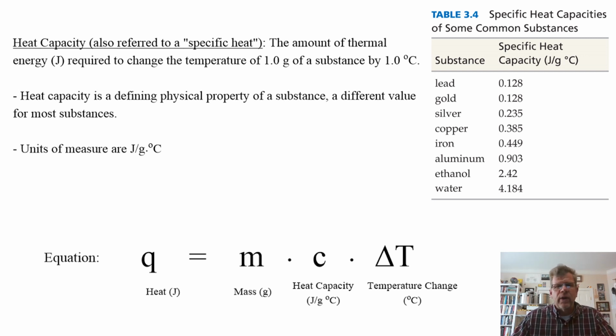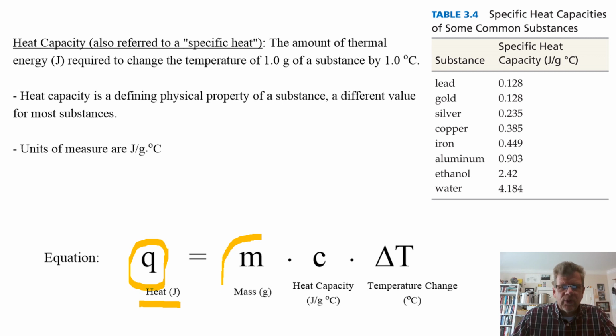So here's an equation which puts that together. Let me introduce that. Typically, heat in joules is represented as lowercase q. Why is that? We don't need to know. It's just that when you see q, we're talking about heat in joules, equals the mass of a sample, so that's the system we're working with, in grams.